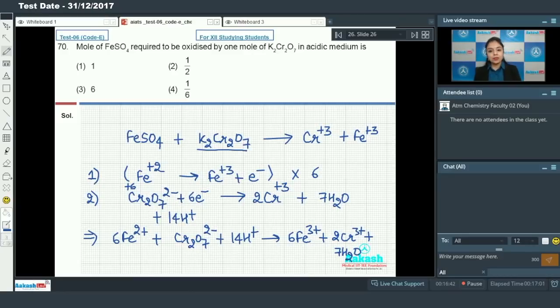So this is the final balanced equation. Now we have to identify the moles of FeSO4 required to be oxidized by 1 mole of potassium dichromate. You can see here 1 mole of potassium dichromate is oxidizing 6 moles of ferrous sulfate. So option number 3 will be the correct answer. So moving on to the next one.